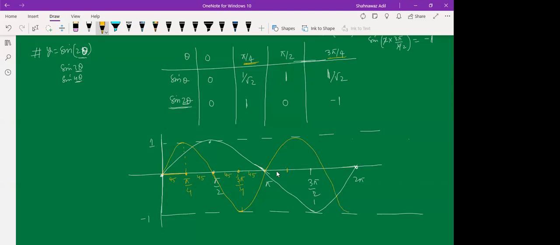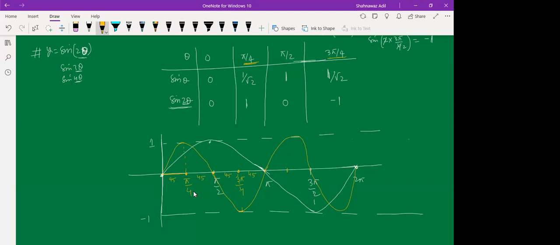Right. So you guys can tell me, what is the period of this function? What is the period of this function, guys? When is it repeating? The orange one, when is it repeating? At pi by 2, and then pi, and then 3 pi by 2, and then 2 pi.